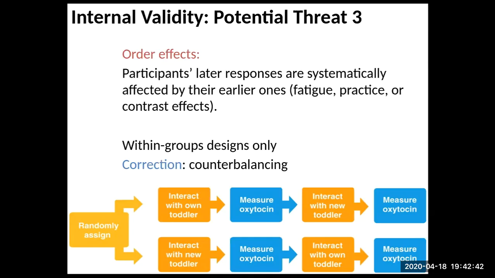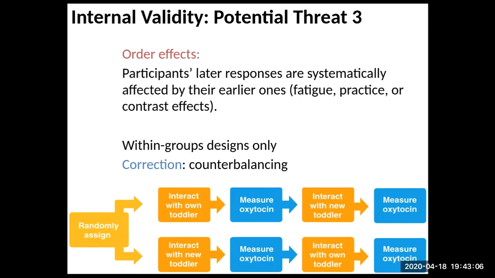So when you interact with your own toddler first, when you're interacting with a new toddler after, oxytocin levels may remain high because you interacted with your own kid first, and oxytocin output may continue to be high. Whereas if you interact with a new toddler first, you may not have as much oxytocin, and then when you interact with your own, that oxytocin level can spike right up.